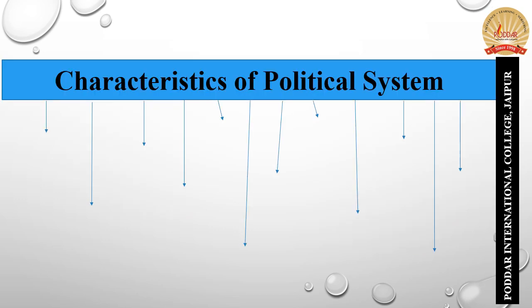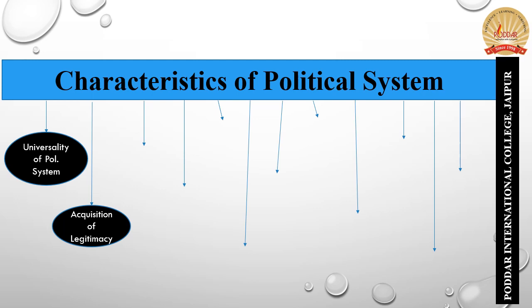Let's discuss the characteristics of a political system. There are lots of characteristics of a specific political system. Here we are discussing the universal characteristics of a political system. Universality of political system: everywhere the political system is available.